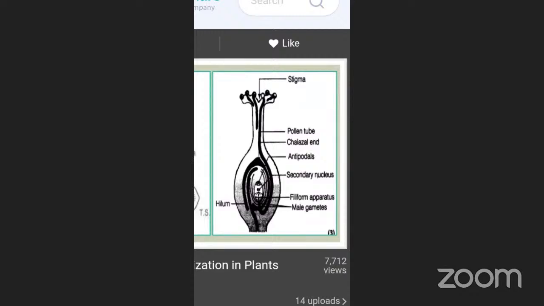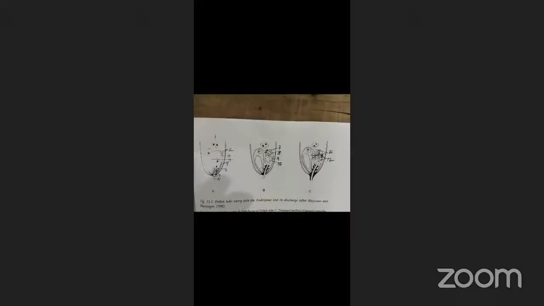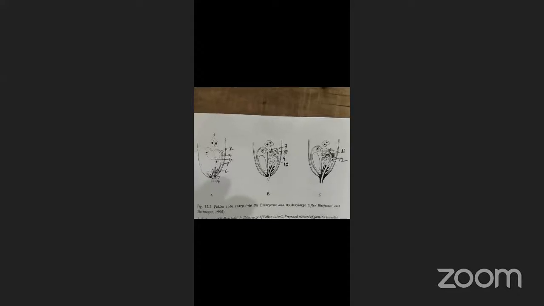So here, what happened? The synergids are entered by the pollen tube.